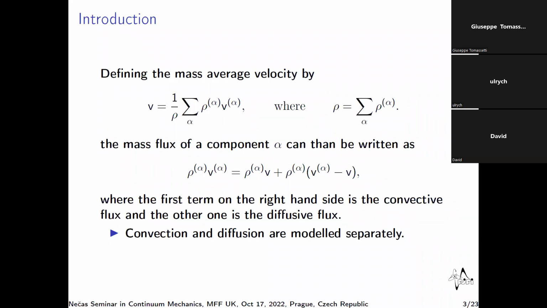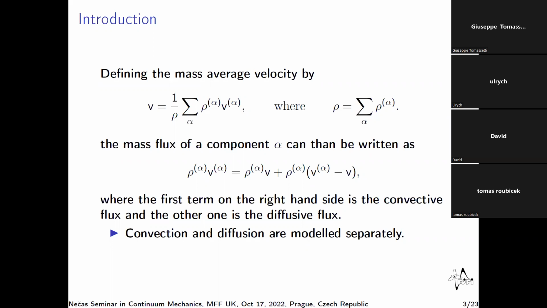If we have this mass average velocity, then we can take this alpha component flux and split it into one part which flows in agreement with this average velocity, and then a fluctuation with respect to this average velocity. Usually this first term is interpreted as convection, and this other term is interpreted as the diffusion flux. And from the definition, it's clear that the sum of all diffusion fluxes is equal to 0.